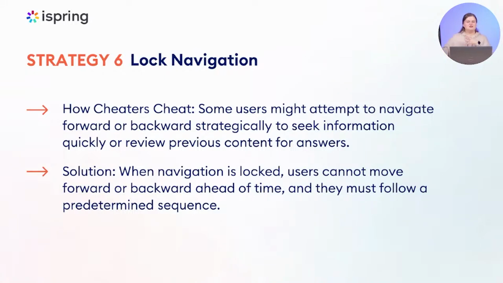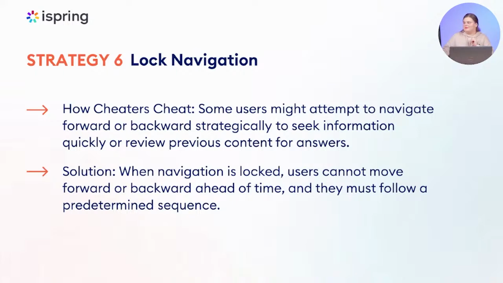It's like making sure everybody follows the rules and stays on the right path during the test. Also, it can be used to ensure users see something only once, reducing the chances of quickly advancing to find answers or reviewing previous information.